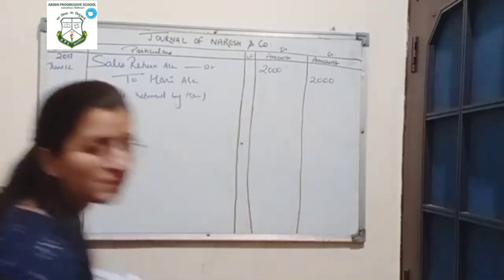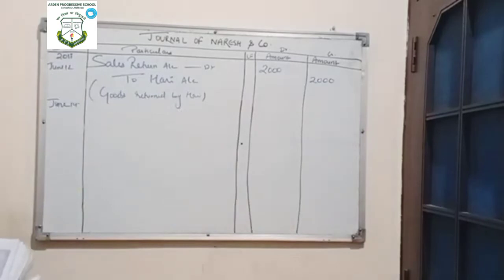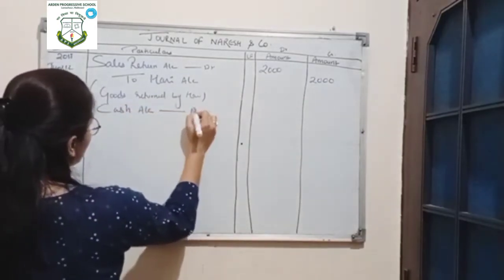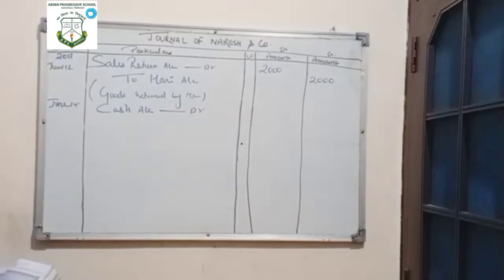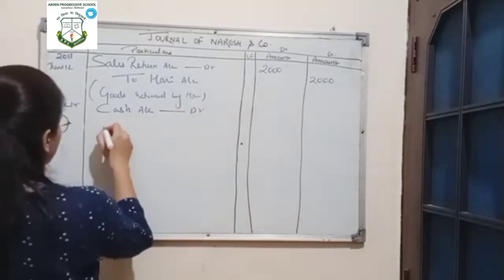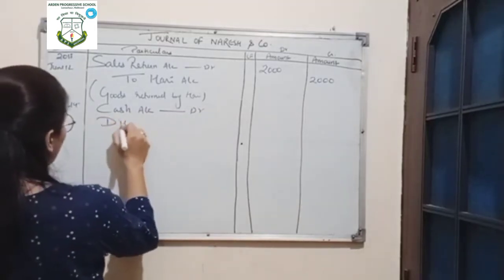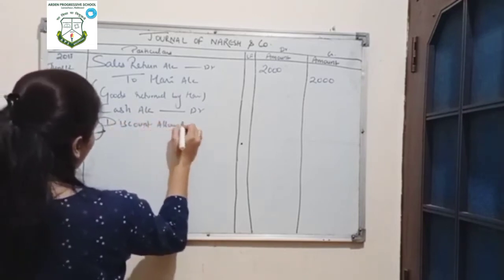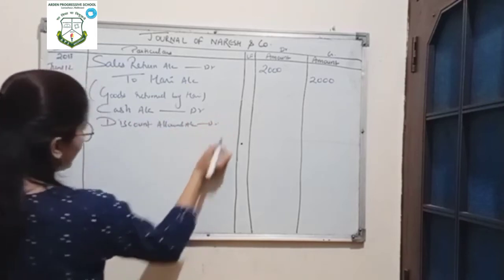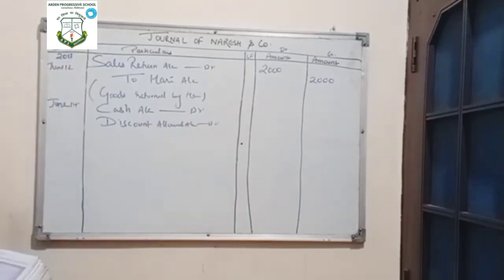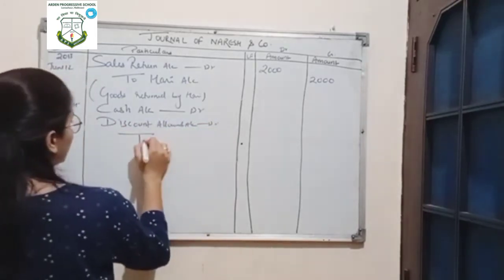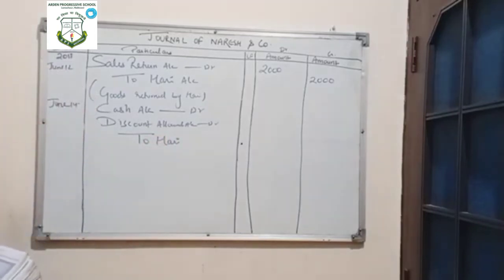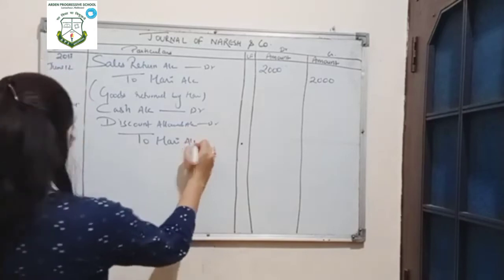The entry will be as we are receiving cash from Hari. So cash account will be debited according to the real account rule: debit what comes in. We have allowed some discount also. Discount allowed is an expense, so it will be debited according to the nominal account rule, and the giver of cash is Hari, so Hari's account will be credited.